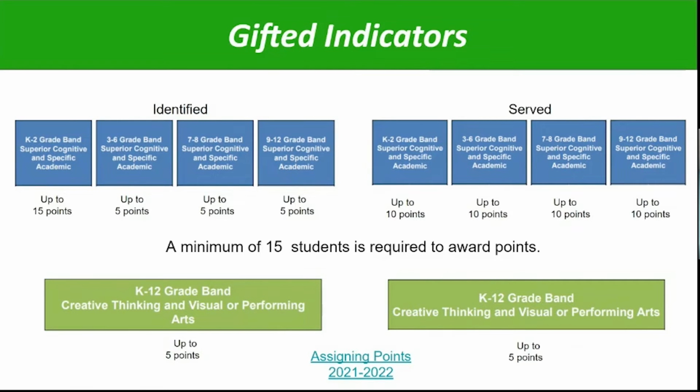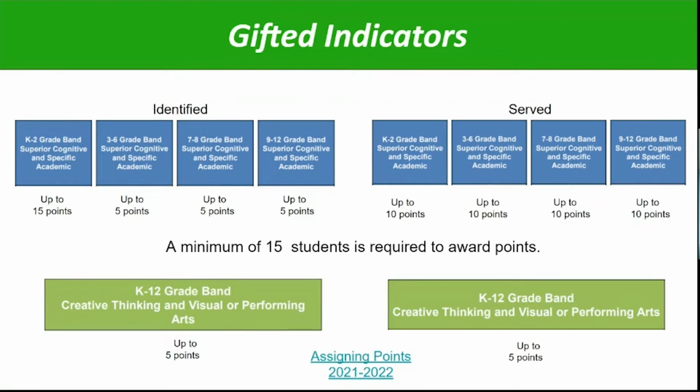Now, when we come over to service, each of these boxes here are all equally weighted. So up to 10 points. One of the things that I noticed as I was working with several of our districts is that many of our districts didn't have enough students served in that K2 group.